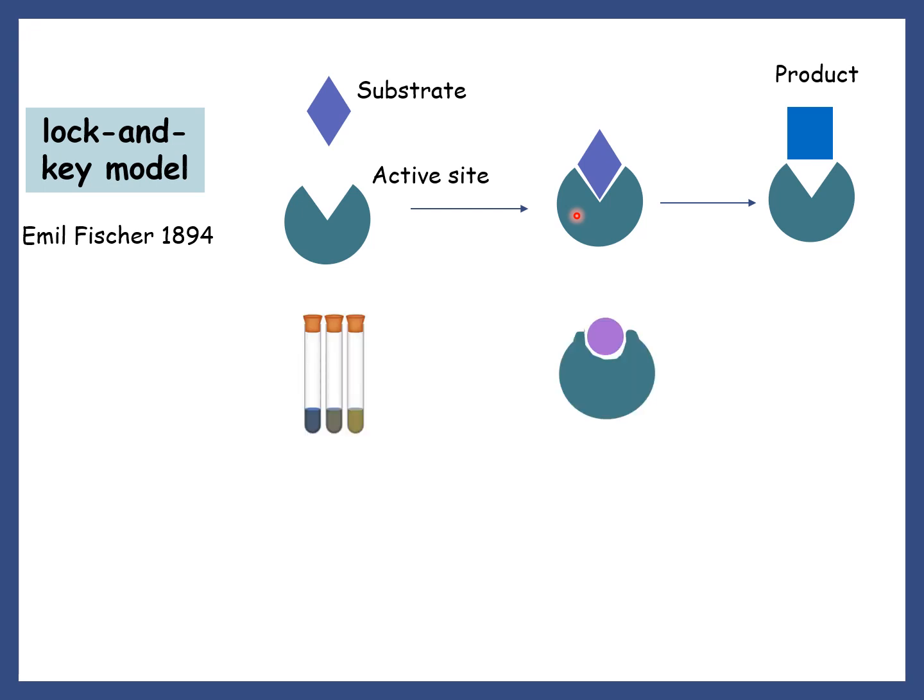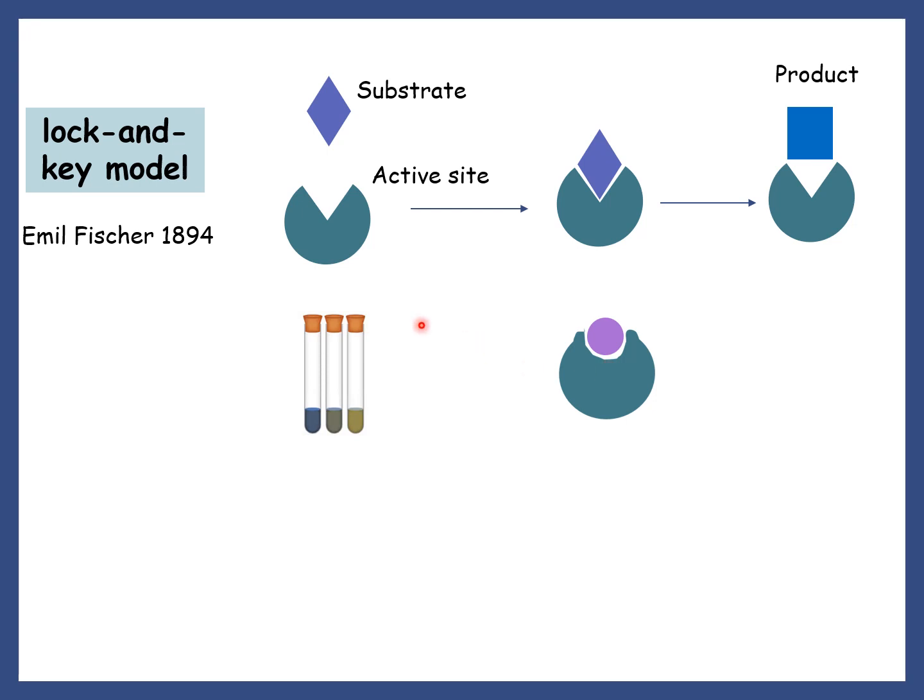However, later on when the experiments were analyzed at different stages of reaction, for instance, when the enzyme was not bound to the substrate, when the enzyme was bound to the substrate, somewhat like this stage, and at the end of the enzymatic reaction, maybe somewhere here, they came to know that this stage looks like this in the real experiments.